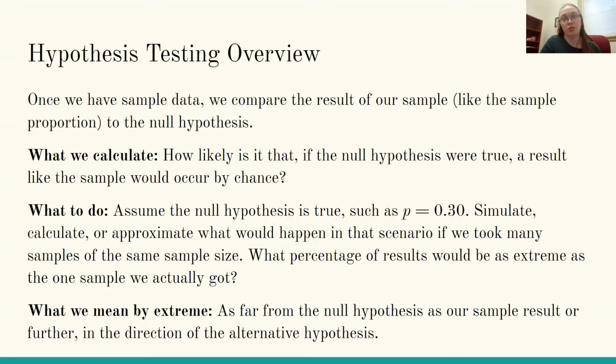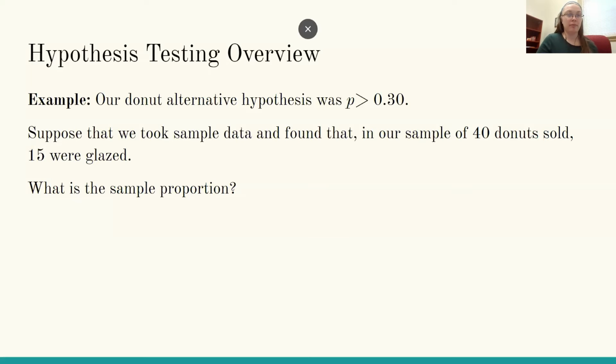But ours was just greater than, so we'll only go in the greater than direction. So in our example, our alternative hypothesis was that P was greater than 0.3. Keep that in mind when we're thinking about what is extreme.